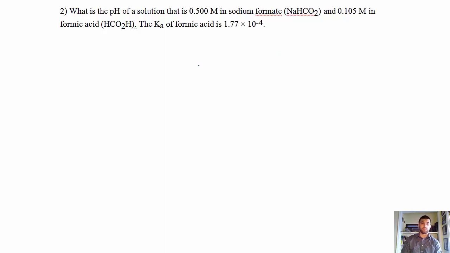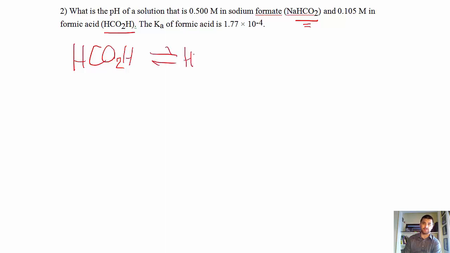0.105 molar in formic acid? Ka is given right there. So they give us our Ka, and they give us our concentrations of both sodium formate, which is going to give us our common ion right there, the HCO₂⁻, and our formic acid. So let's talk about the acid, right? We would start with HCO₂H, and it's going to dissociate to give us H⁺ and the CO₂H⁻.